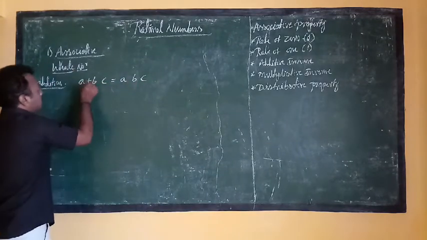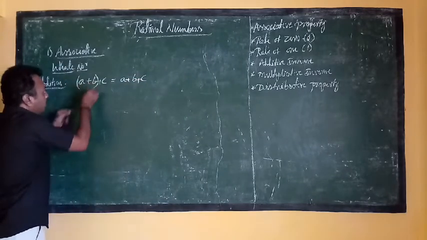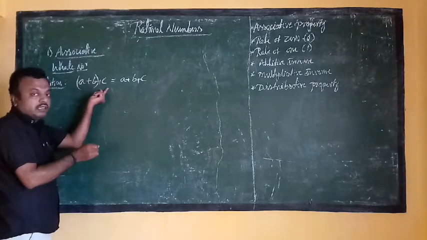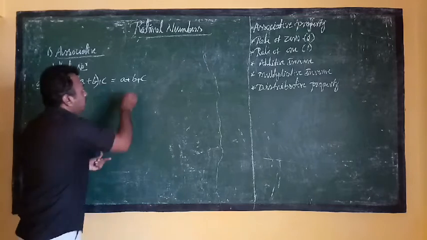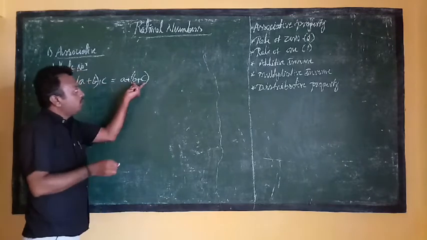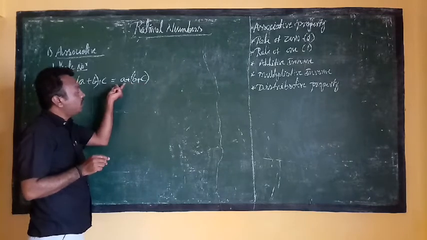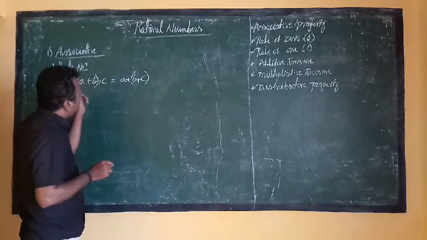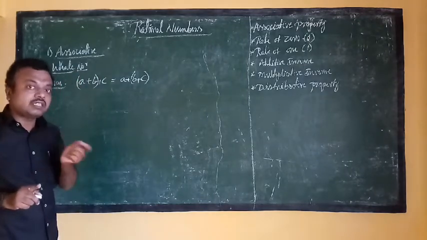On the LHS side, first I add the first two whole numbers and add that sum to the third number. On the RHS side, first I add the last two numbers and add that sum to the first number, correct? When you do it like this, the result remains the same on the LHS and the RHS.